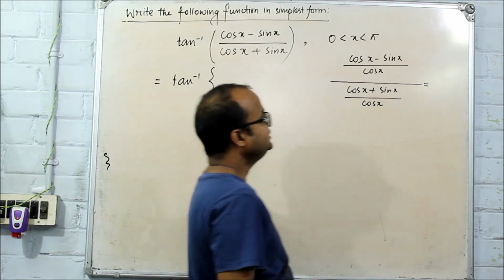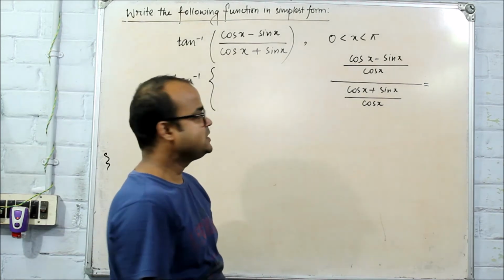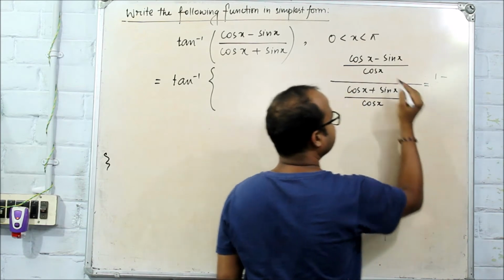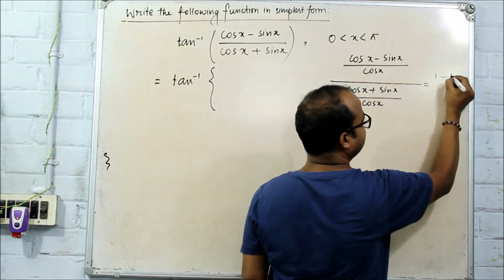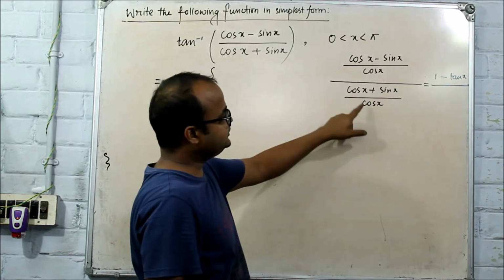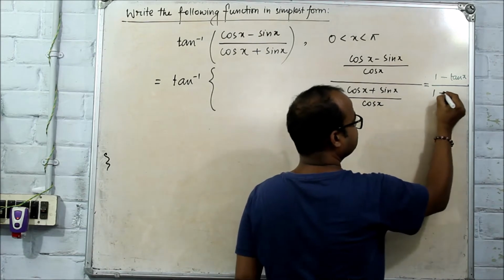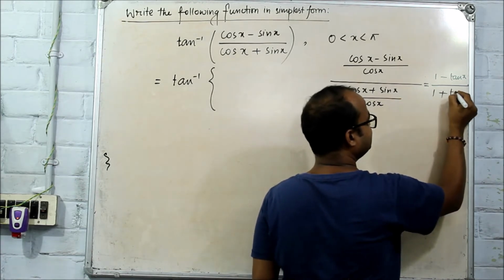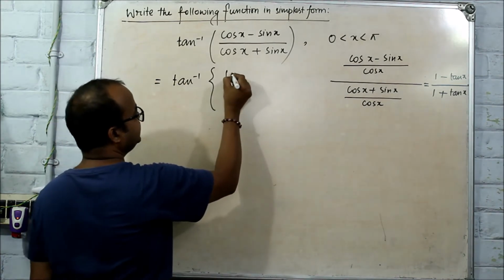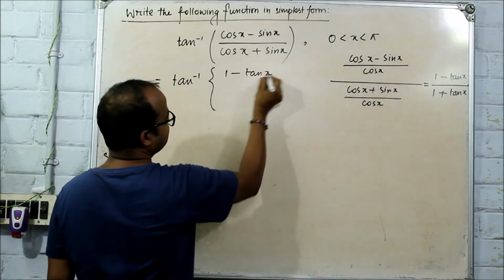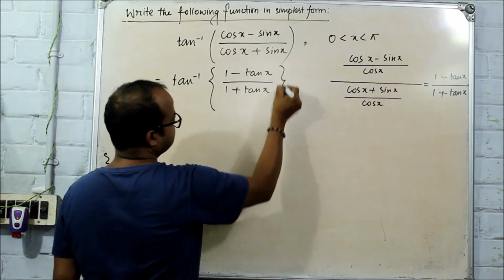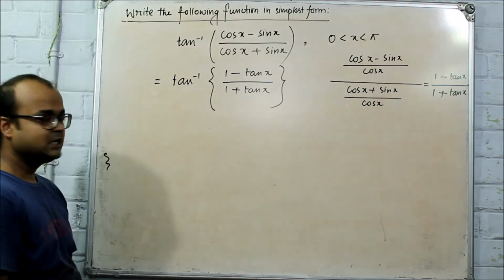If we apply term by term division, we get cos x by cos x is equal to 1 minus sin x by cos x is equal to tan x, divided by cos x by cos x is 1 plus sin x by cos x is equal to tan x. So here I am writing 1 minus tan x by 1 plus tan x. Clear?